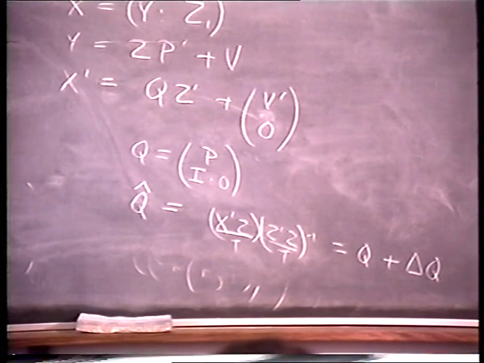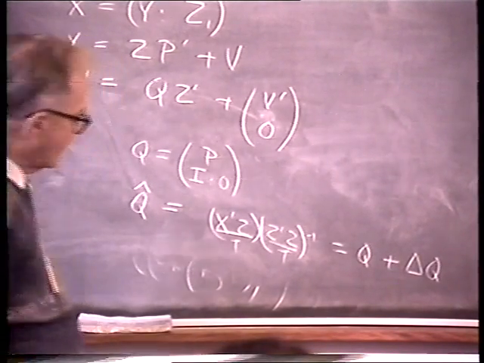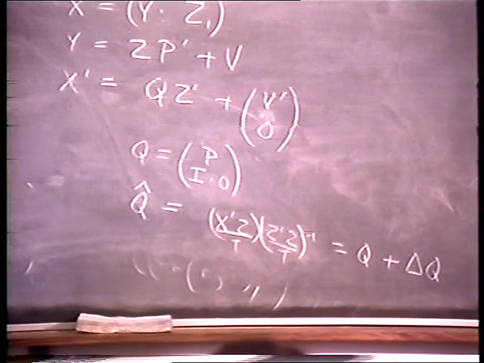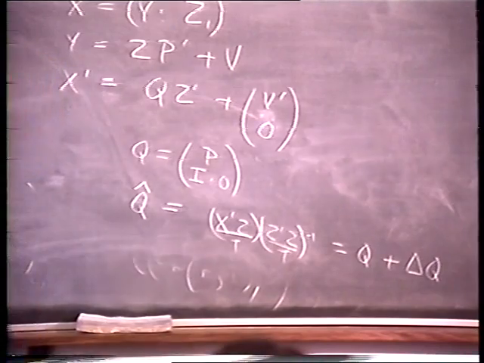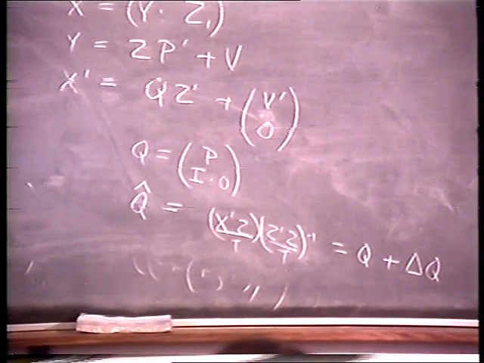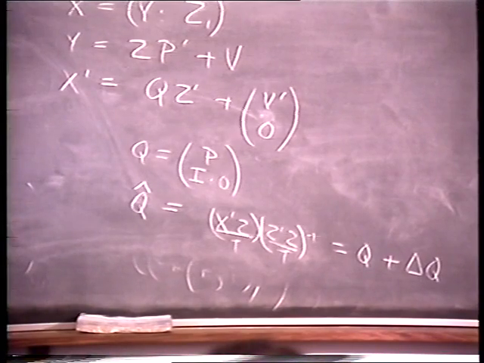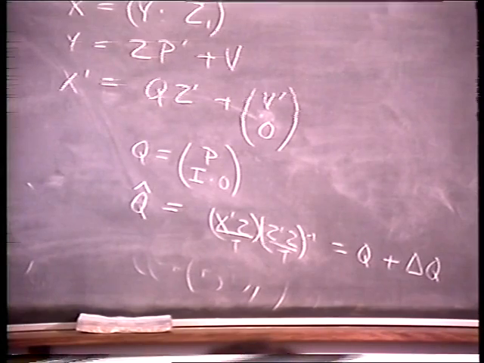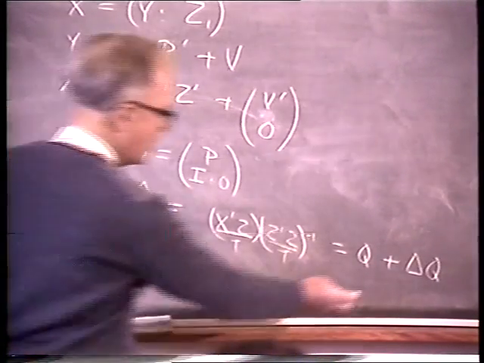X prime Z upon T is of order 1. Q is, of course, of order 1, but delta Q is of order T to the minus a half. So, in other words, the P vector in my previous discussion is a vectorized version of delta Q.